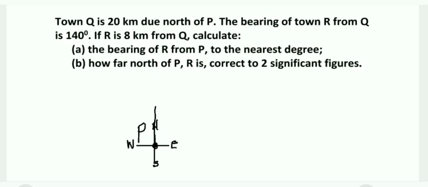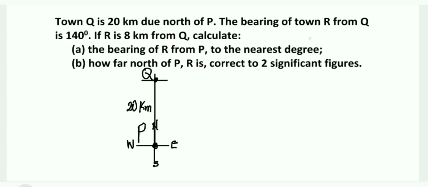All you need to do is extend this, go up northward for about 20 kilometers. Remember, this is not done by construction. So this is my 20 kilometers, and I will call this my point Q.